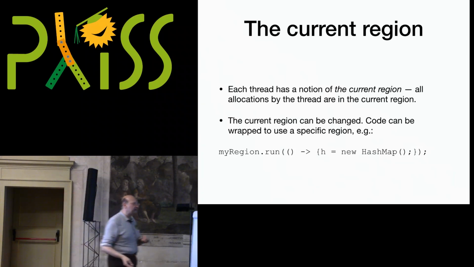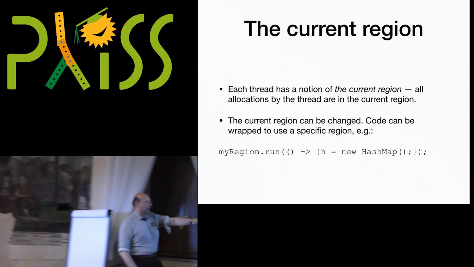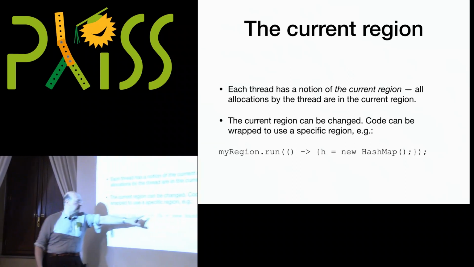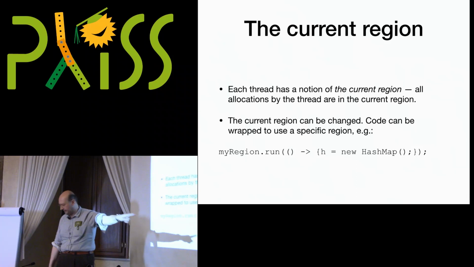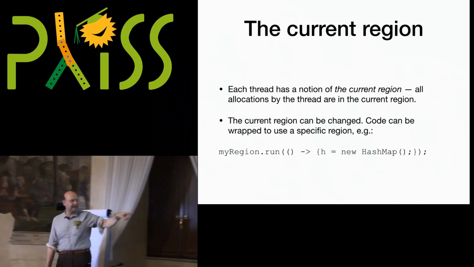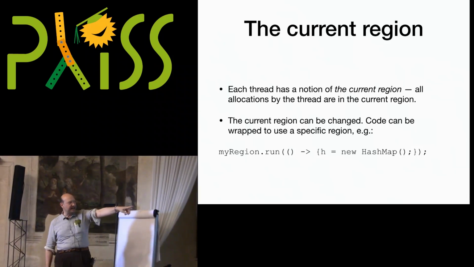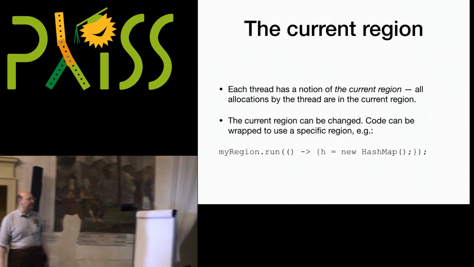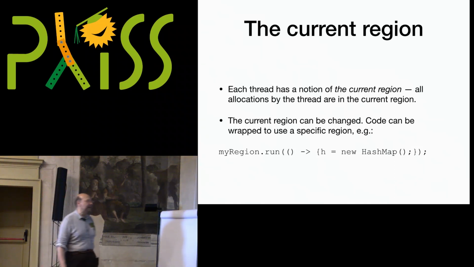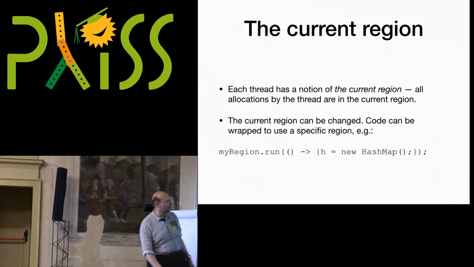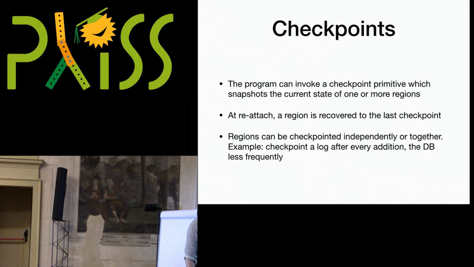So in this case, I'm saying, run this lambda using this region as the allocation site for everything run in that thread while it executes. So in this case, we're just using a standard hash map. The hash map gets allocated in the region, et cetera. And if h is a volatile variable, that's an OK assignment, no problem there. And all of that should just run.